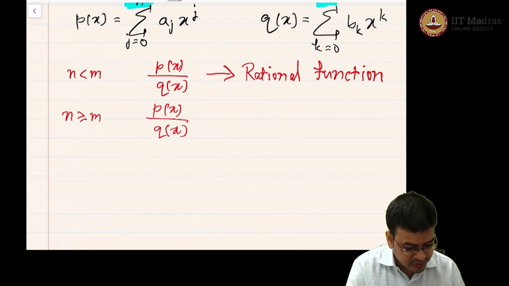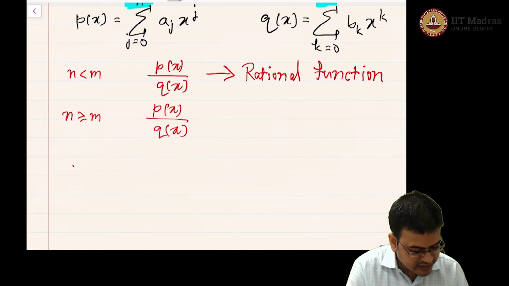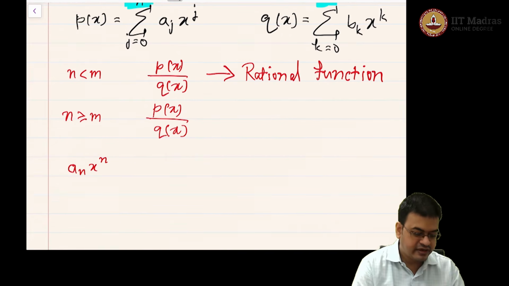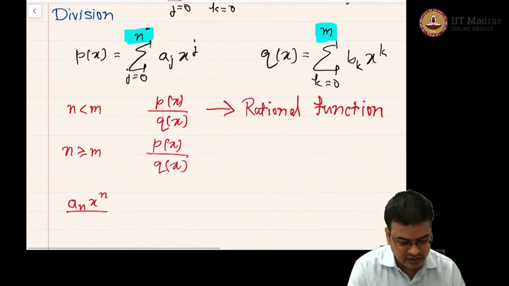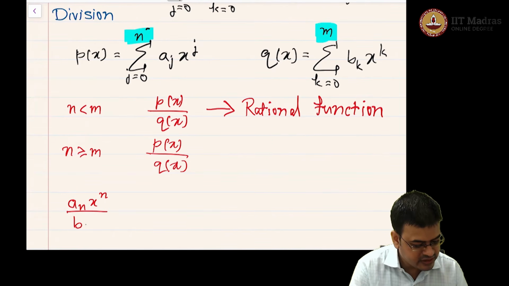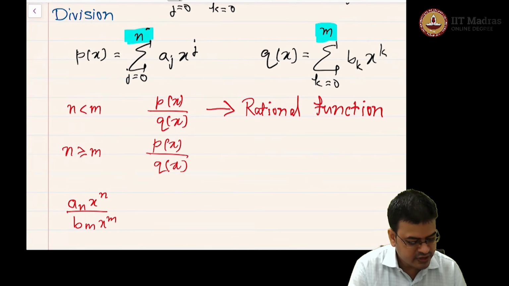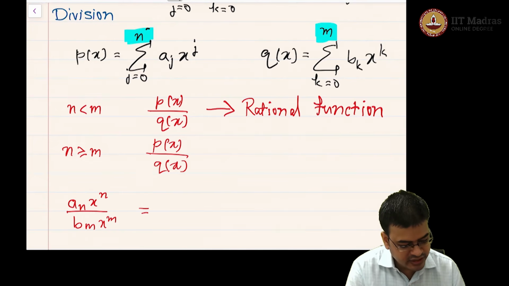In that algorithm, I am talking about n greater than or equal to m. I will consider the leading term of p(x), that is a_n x^n, and the leading term of the polynomial q(x), which is b_m x^m. Together this gives me a_n upon b_m x^(n minus m).